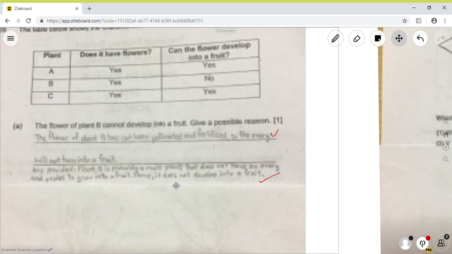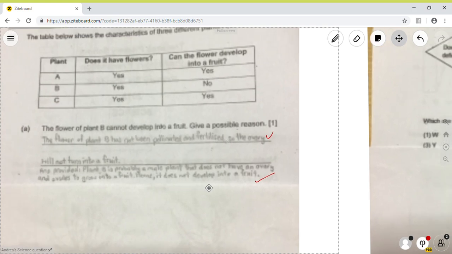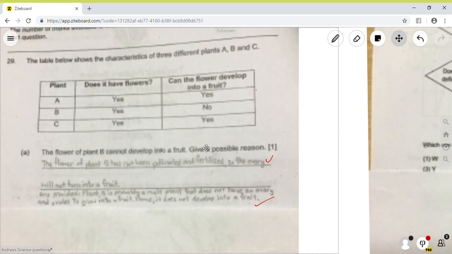The flower of plant B has not been pollinated so the ovary will not turn into fruit. Plant B is probably a small male plant that does not have an ovary and ovules to grow. Okay, your answer is that the flower has not been pollinated.